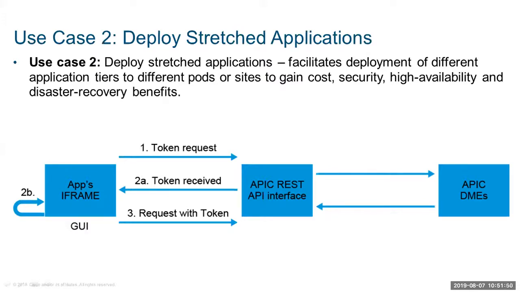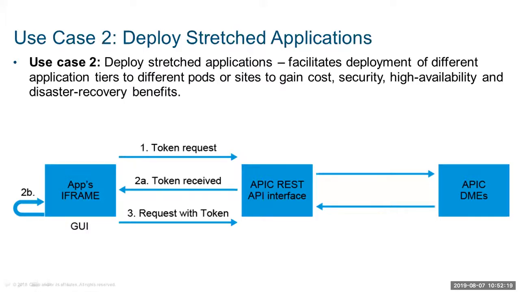It will support ACI deployments which have multiple pods. You've not seen that as yet. Stretched means your switches are stretched across 2 different sites or 3 different sites. That's what a stretched fabric is. Or it could be multiple pods, or of course, it could be multiple clouds. The application could be deployed or stretched across multiple clouds.